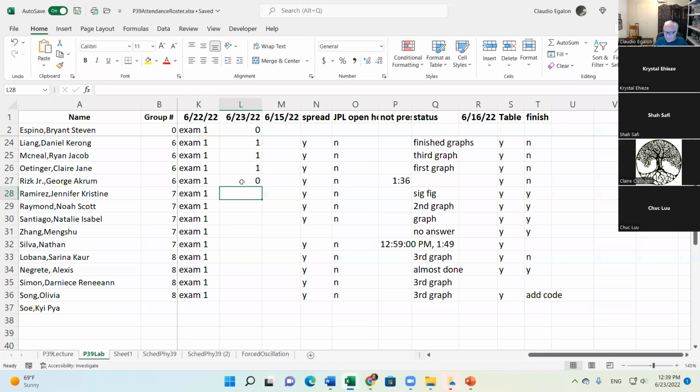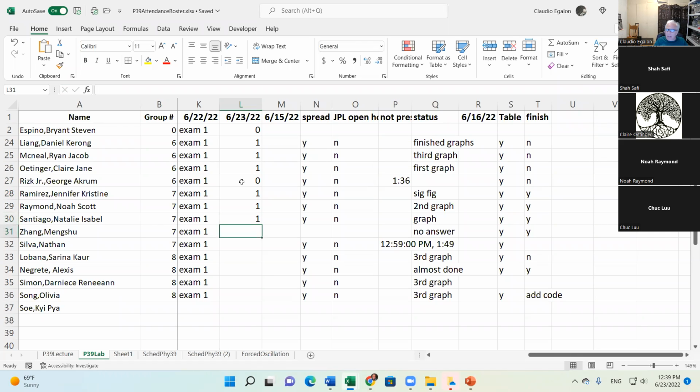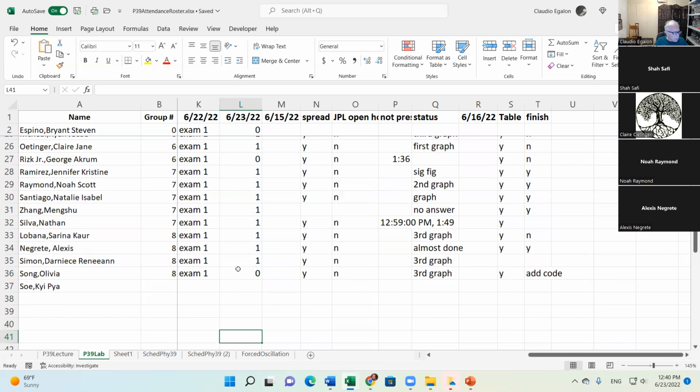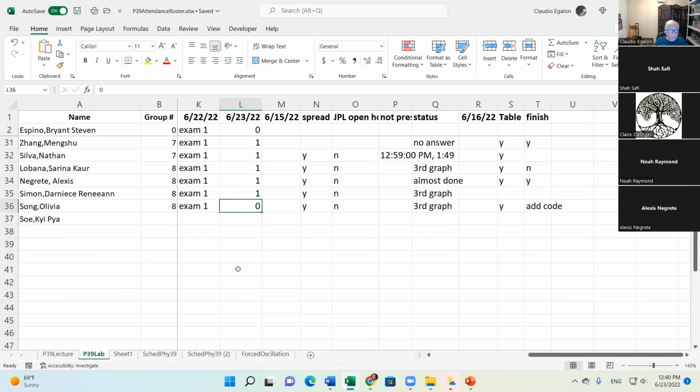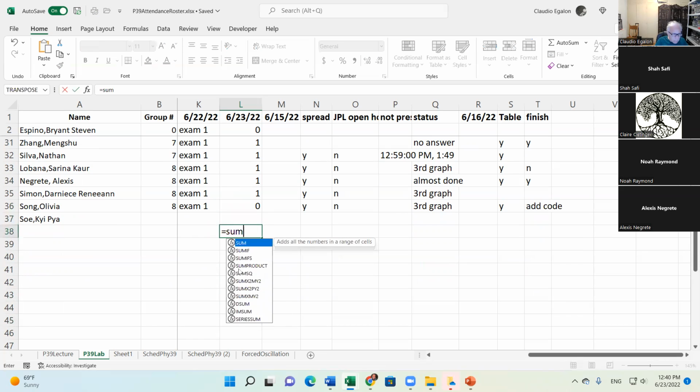Jennifer Ramirez. Next is Noah Raymond. Here, Professor. Thank you. Natalie Santiago. Here. Mengshu Vang. Nathan Silva. Next is Sarina Lobana. Good. Alexis Nigret. Here. Okay. Danis Simon. Good. Thank you. Olivia Song. I don't see Olivia here. And Keys, I don't see Keys either. Now let's see how many students we have.